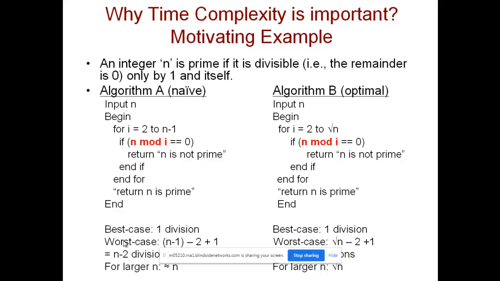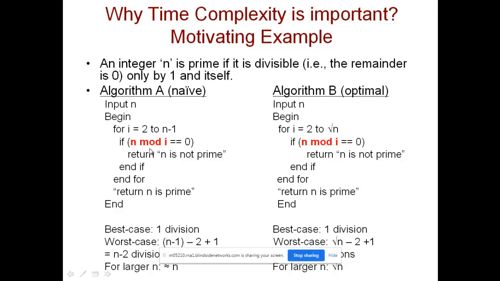So what's the best case? The best case is if you do one division, and that will happen if your n is an even integer. For example, n even means like 2, 4, 6, 8, all are even, right? So any even integer is divisible by 2, right? Since you're starting the loop from i equals 2, you will find that the integer, whatever it is, mod 2 is going to be 0.